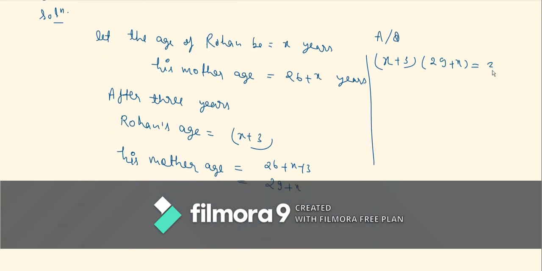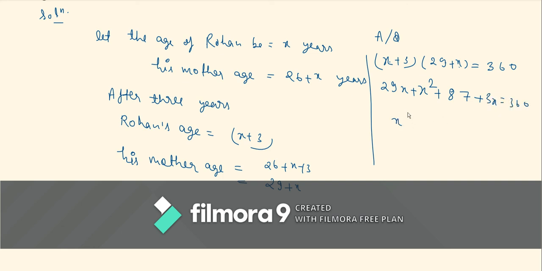So let's multiply. x into x gives you x square, 29 into 3 gives 87, plus 29x plus 3x is equal to 360.